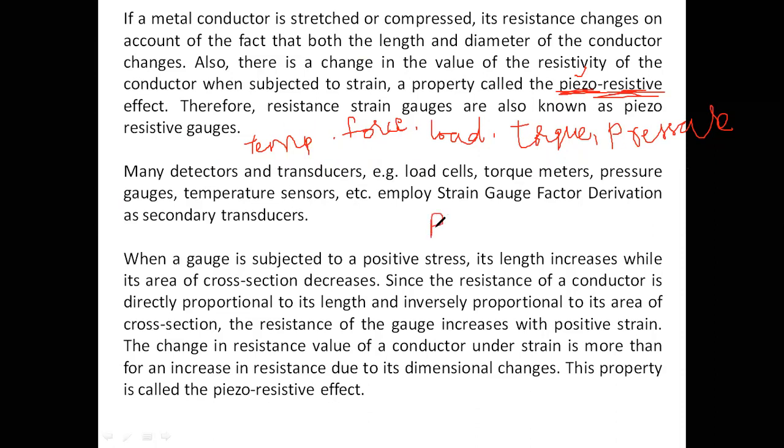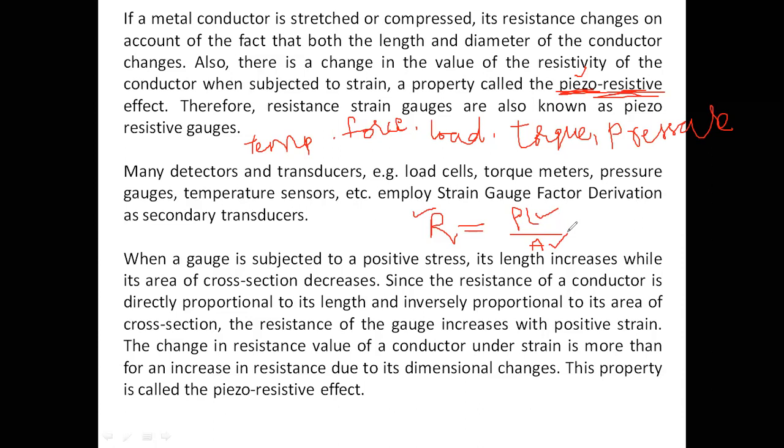Here R equals rho L by A. So resistance is changed due to change in resistivity of a material, or due to change in length of the material, or due to change in cross-section area of the material.